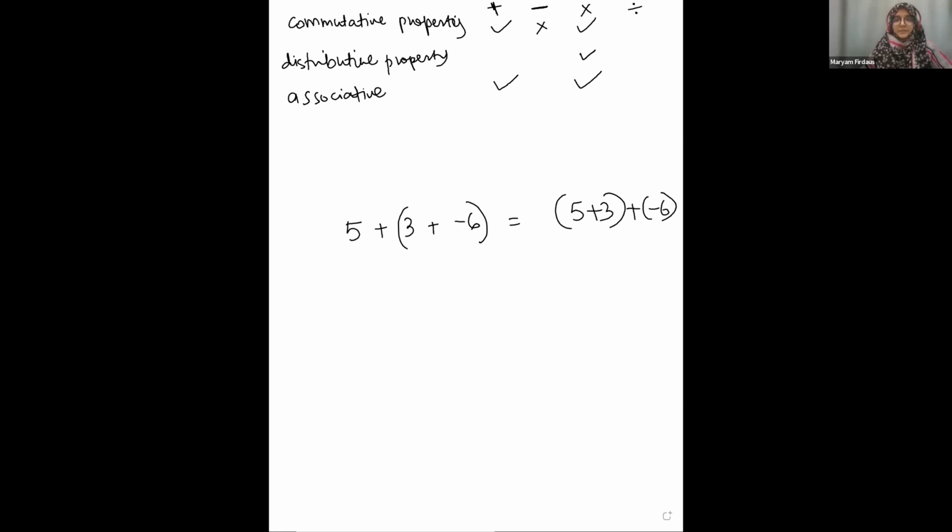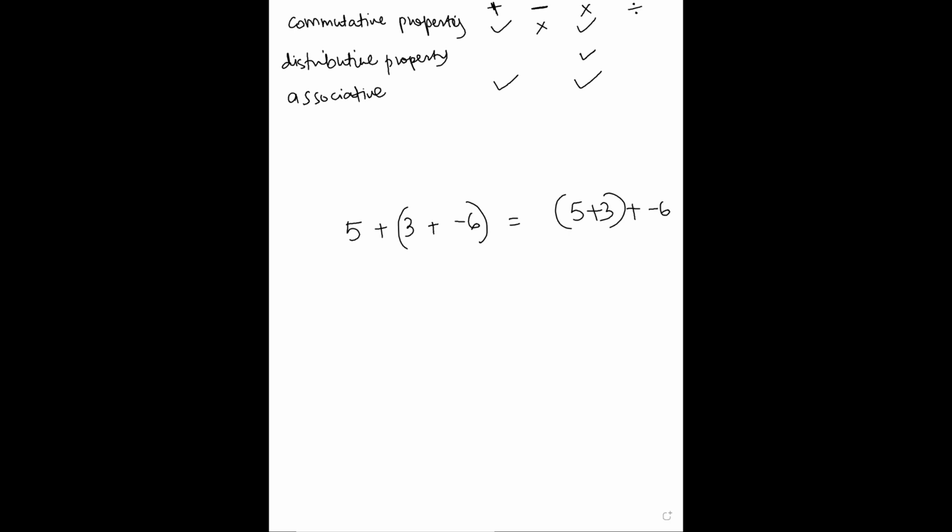Why did you put minus 6 in brackets? I just have a habit of putting negative integers in brackets.